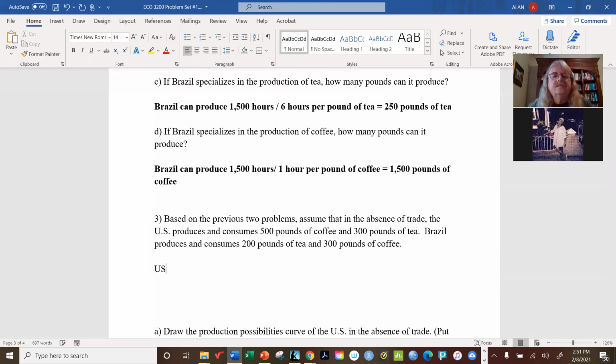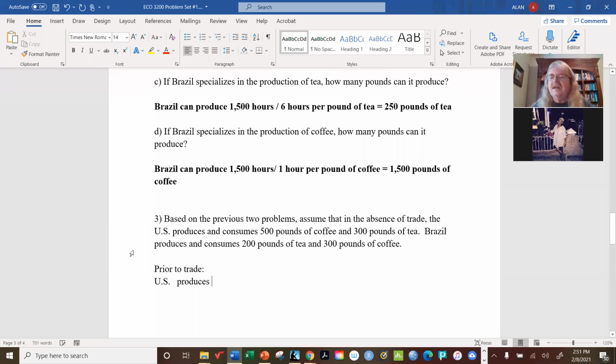So the US produces and consumes, prior to trade, let me put it that way, 500 pounds of coffee, 300 pounds of tea.